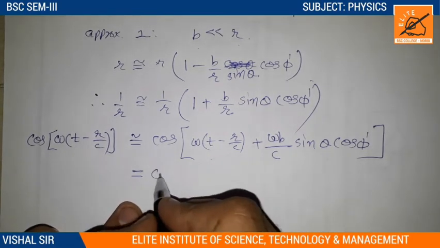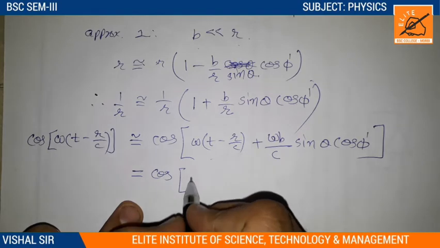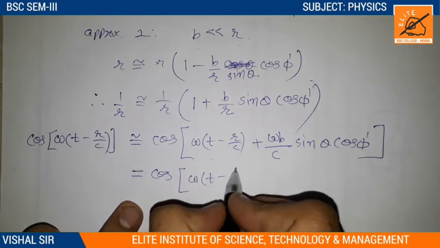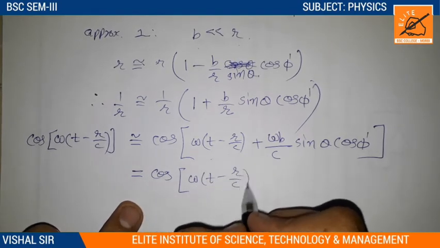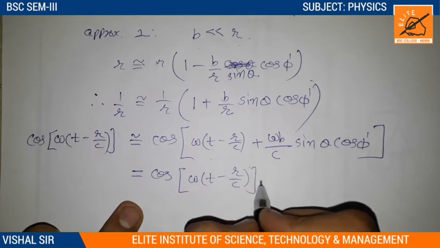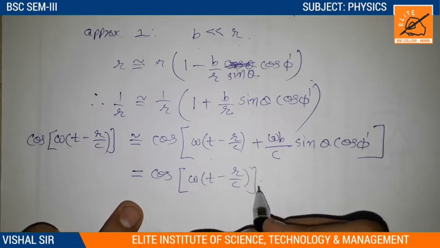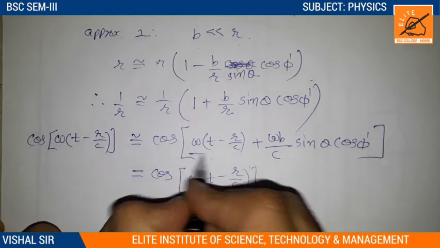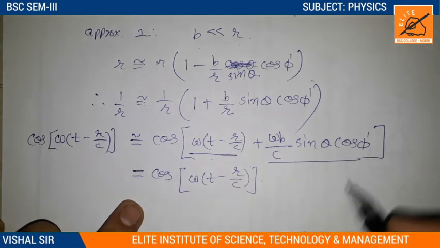Now cos omega t minus r upon c. See, here we have to take this cos alpha plus beta.